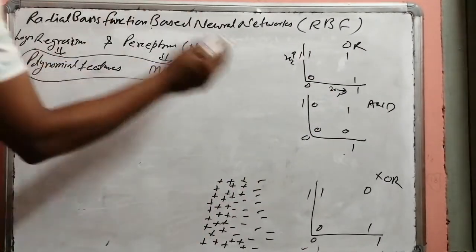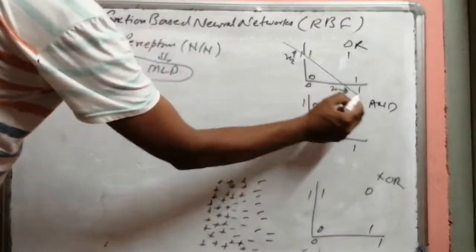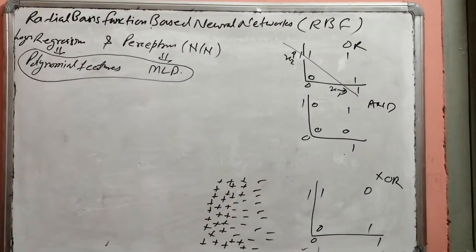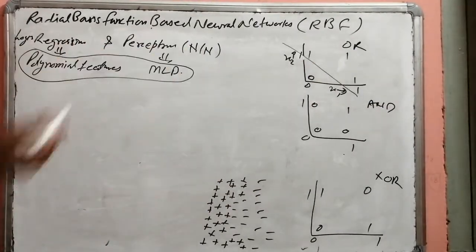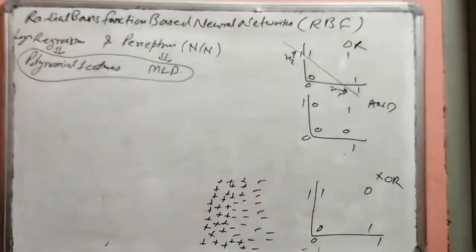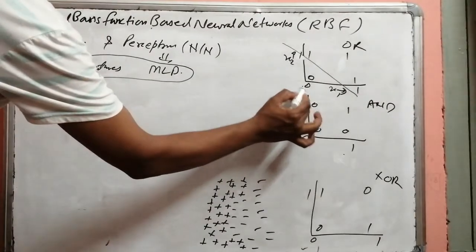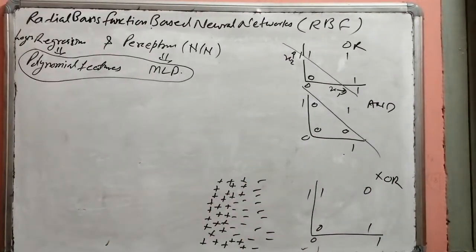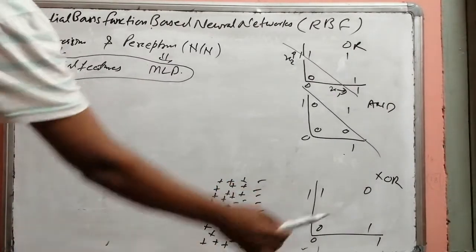So it is linearly separable, as we can draw a line separating ones and zeros, or positives and negatives. And the same is the case with your AND gate. The AND gate also results in this kind of table or graph, and we can easily draw a line separating ones and zeros.